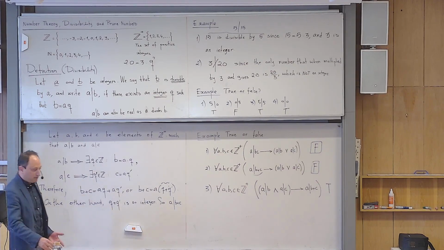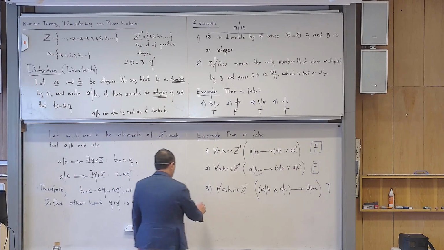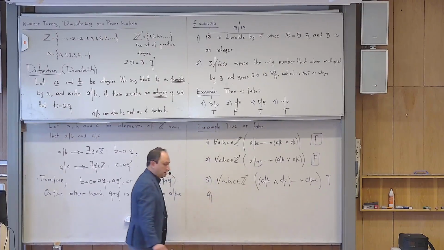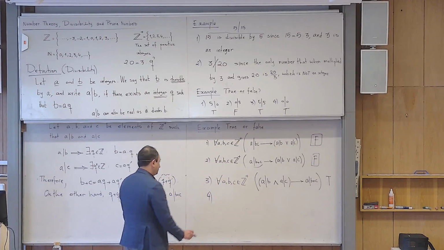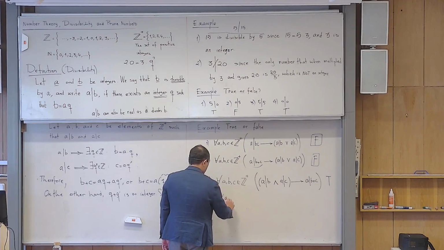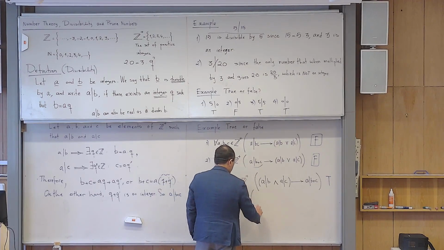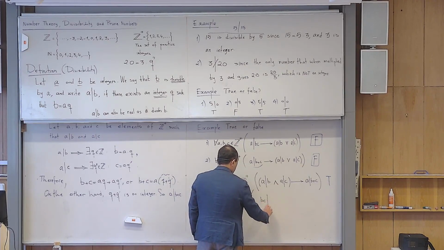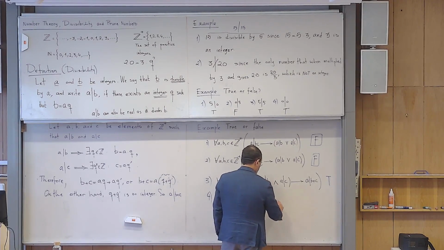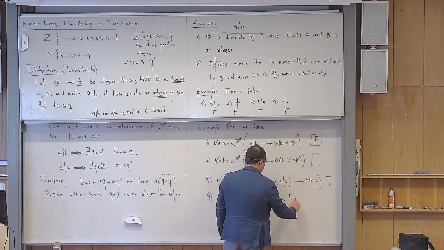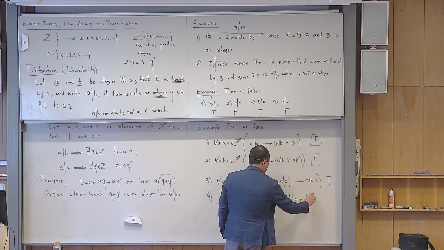Okay, so let me see if you really understood what is going on. Number 4: for all a, b, and c in Z plus, I want to write this. If bc divides a, then b divides a and b divides c.